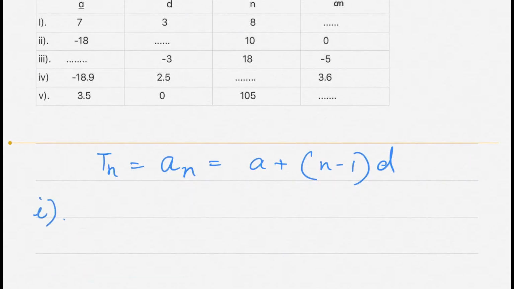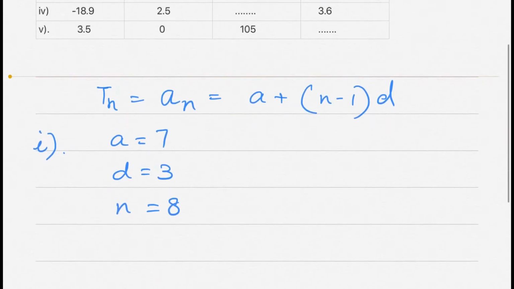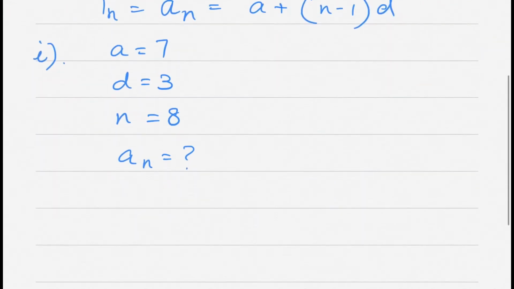So the first part says my a is given as 7, d is given as 3 and n is given as 8, and I have to find an. Okay, so according to my formula, an is equal to a plus (n minus 1) into d. Always try to write down the formula every time.